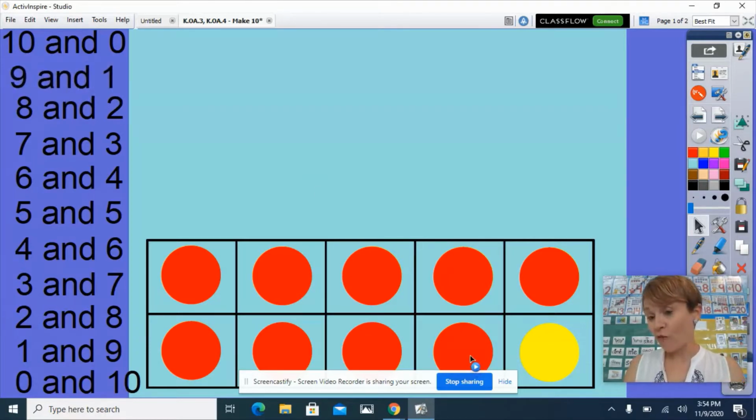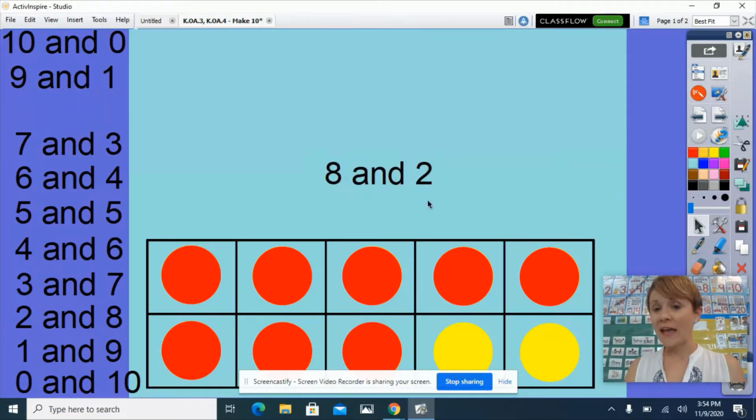If I flip over another chip to yellow, my red group has changed. It's not 9 anymore. 1, 2, 3, 4, 5, 6, 7, 8 red, and 2 yellow. 8 and 2 fills up my tens frame and makes a group of 10. So that's another way that I can make 10.